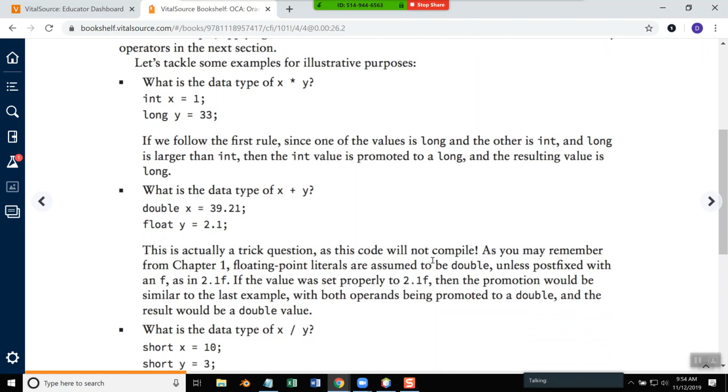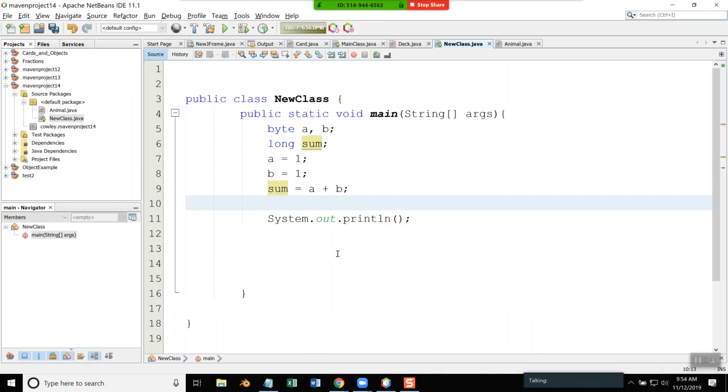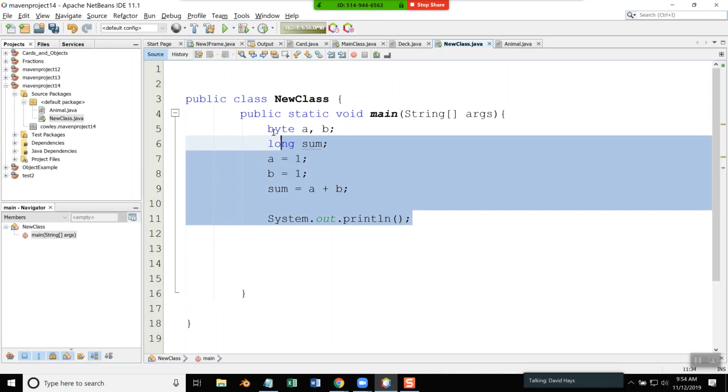Maybe. Oh, this code will not compile. Why not? As we recall from the floating point types, a value is assumed to be double unless postfixed with an F, as in 2.1F. If you type this in, the line that has float won't work. That's what they're indicating. I should know that from C# with Unity.